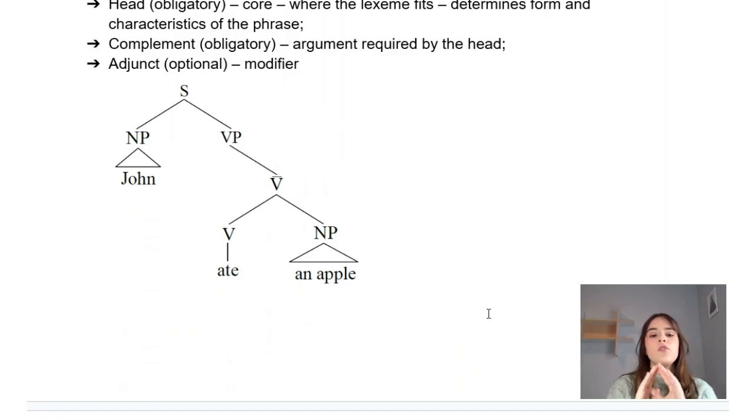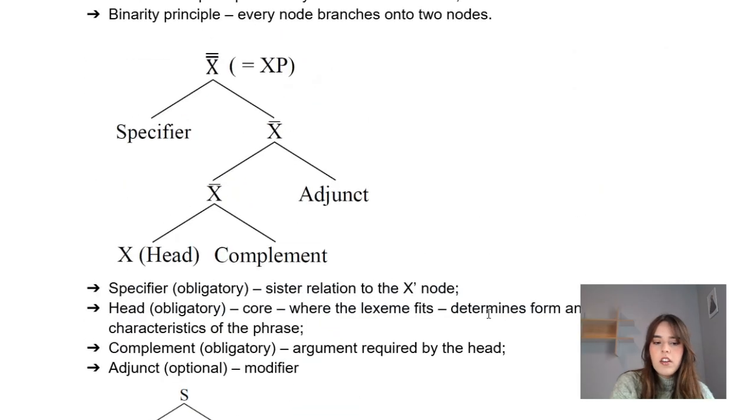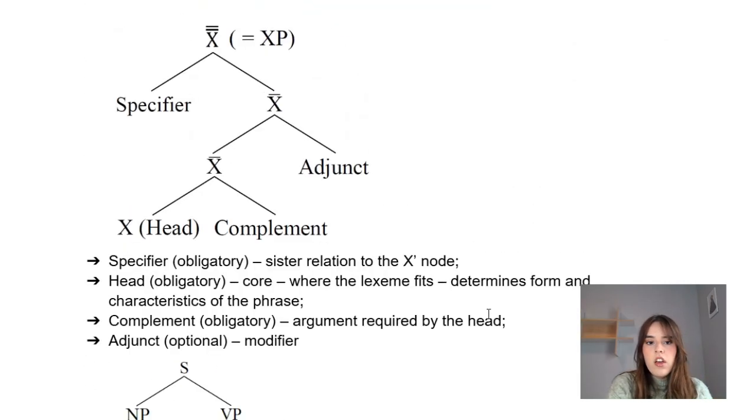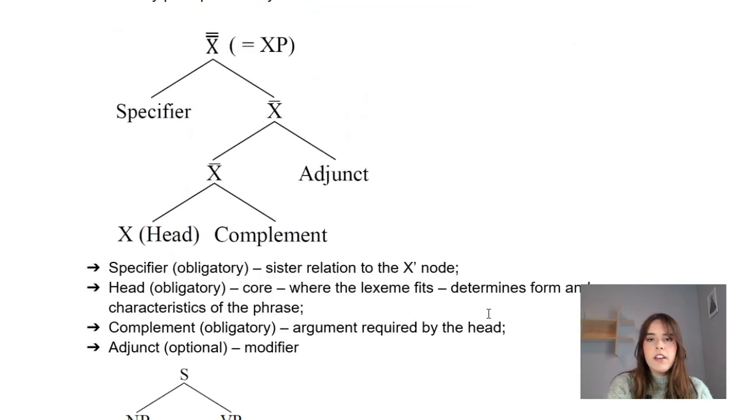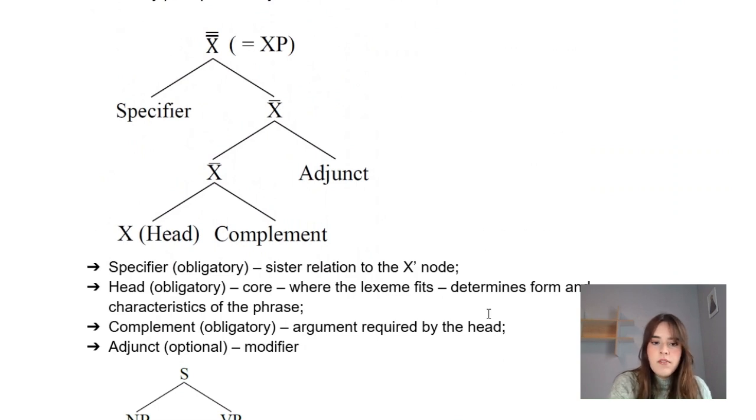So we have the sentence, John ate an apple. The sentence will divide into the DP and the VP. Onto the DP, we open all the categories from the original tree diagram. This triangle here is just a summary since most categories are empty. So on the DP, John, it's a noun phrase, but the specifier is empty.